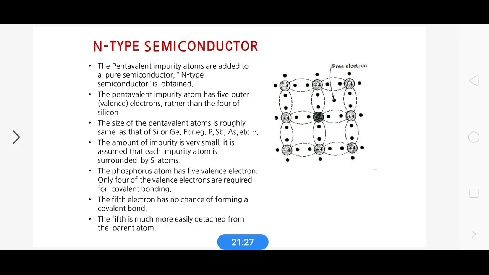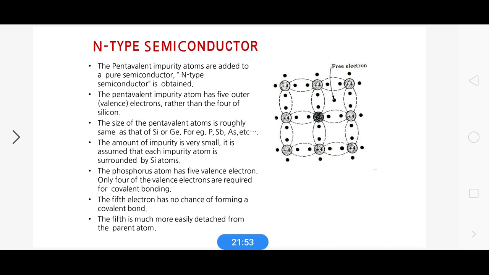For example, I am considering the phosphorus atom. The phosphorus atom has 5 valence electrons. Out of the 5, 4 valence electrons are required for covalent bonds with the electrons of the silicon atoms.